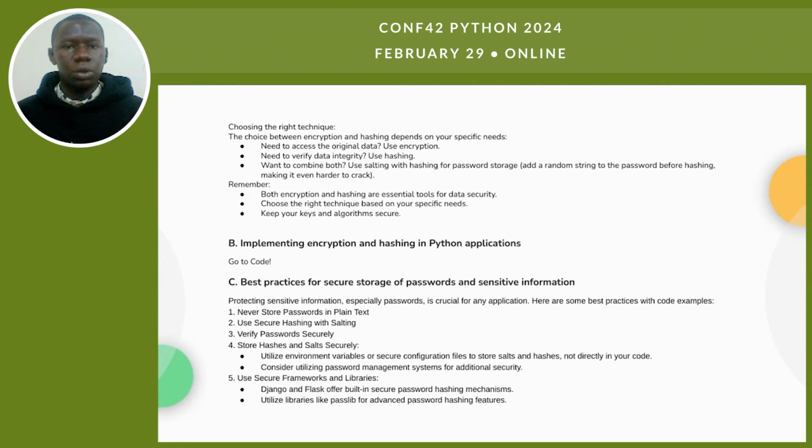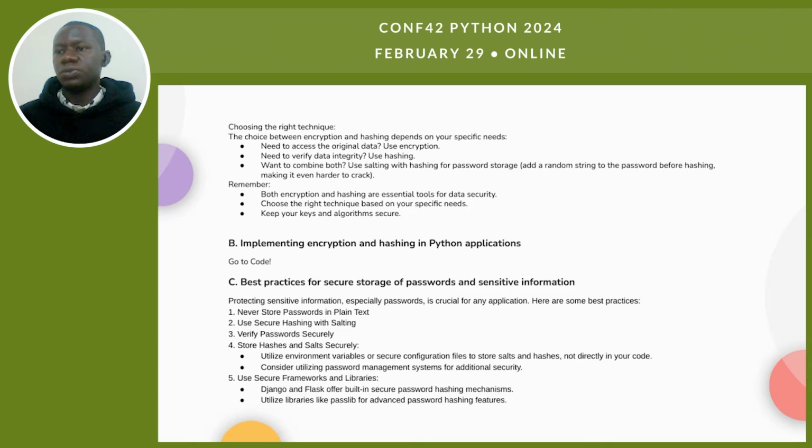So now let's come back to our talk. I've gone through implementing encryption and hashing in a Python application. Let's now go to best practices for secure storage of passwords and sensitive information. Protecting sensitive information, especially passwords, is crucial for any application.